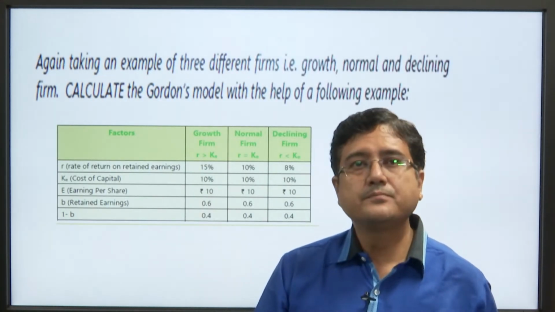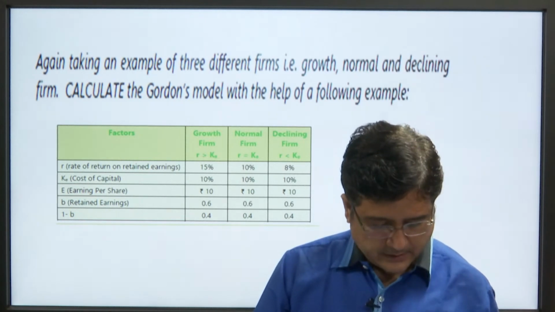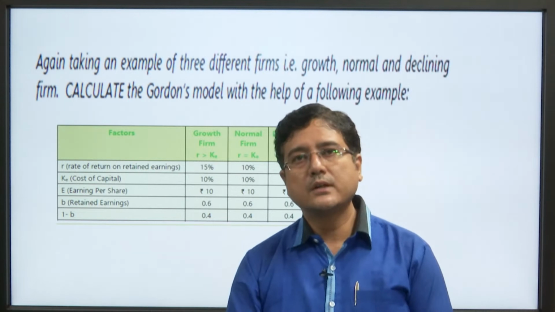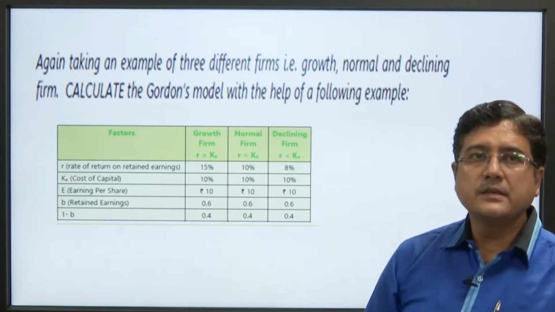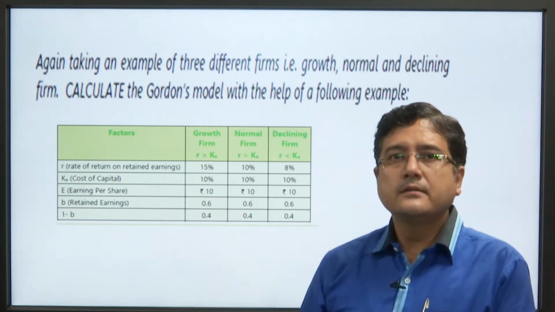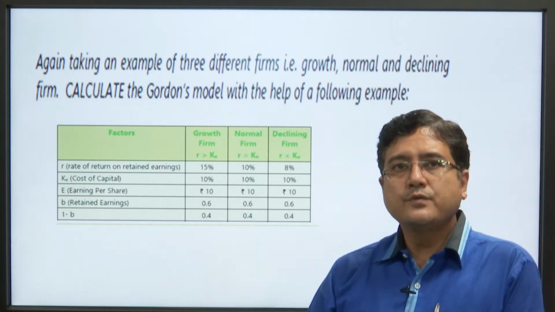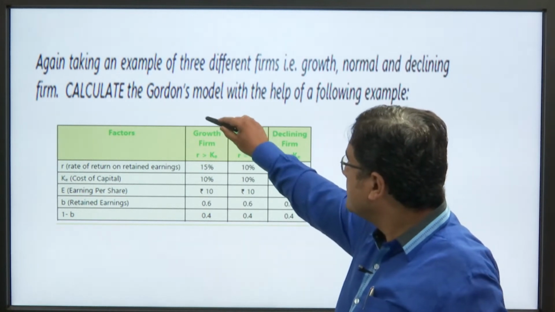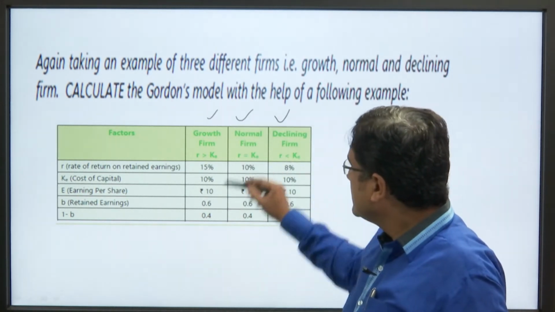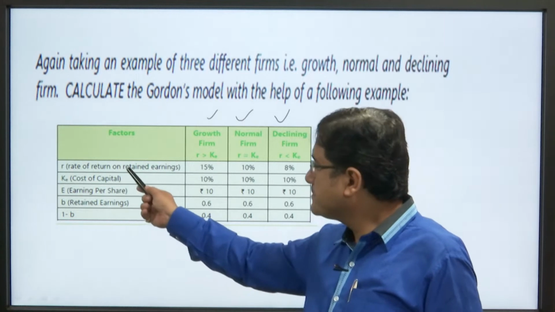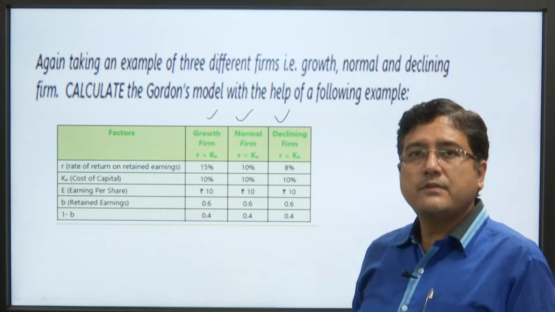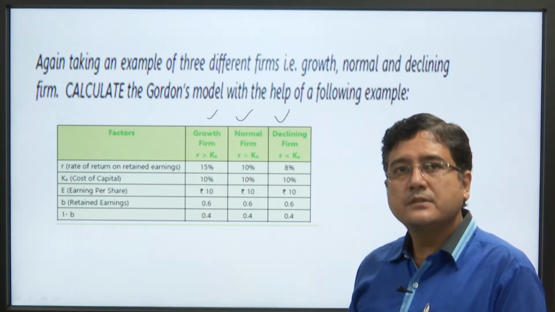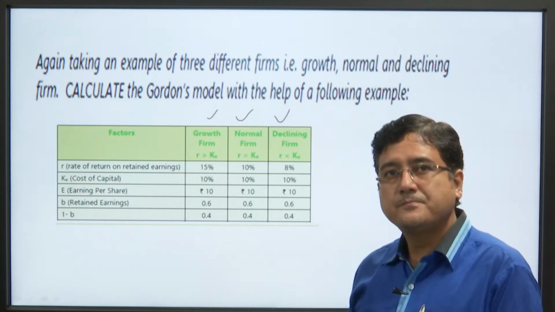Let us do another example with the Gordon model. With the Gordon model, you can see clearly here a growth firm, a normal firm and a declining firm; there are three natures of the firm, and these are the factors of earning. These are the factors: R, rate of return 15%, 10% and 8%.